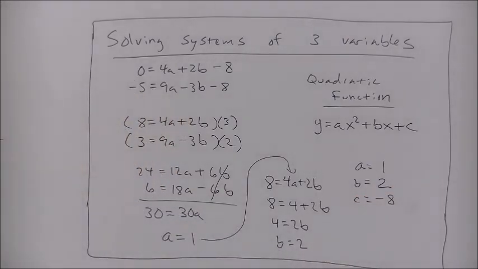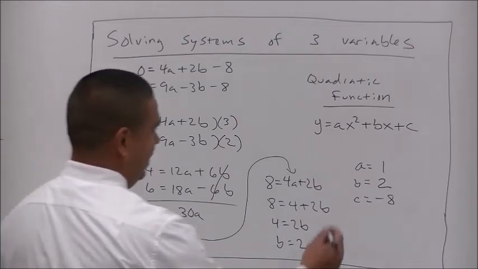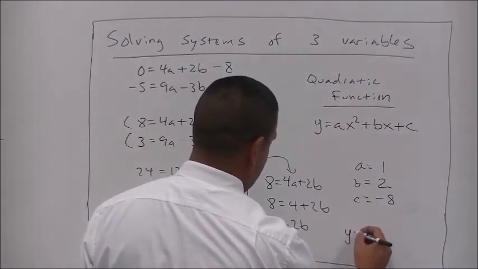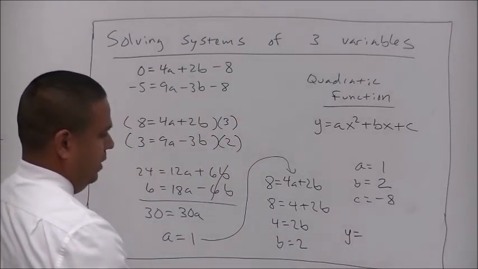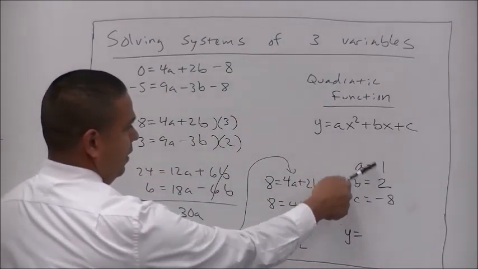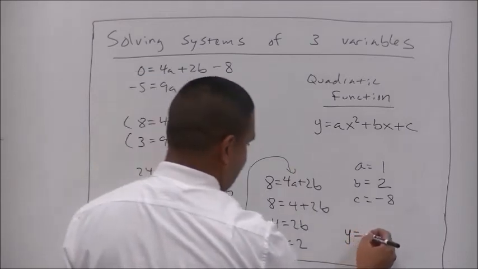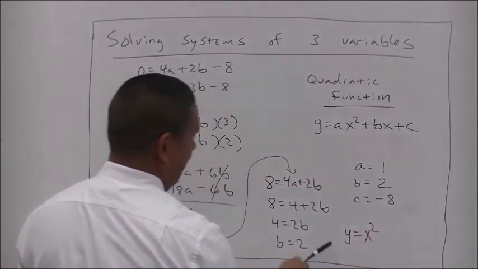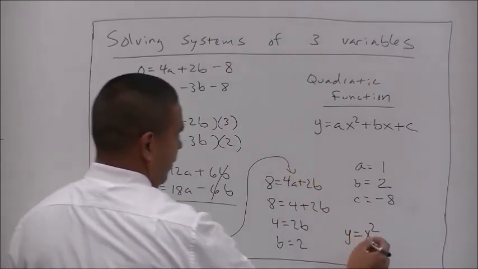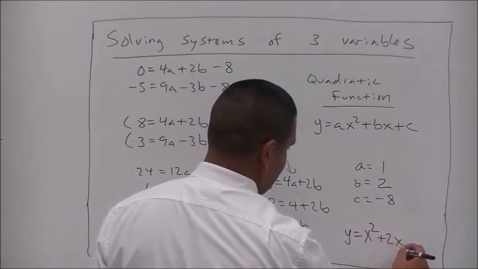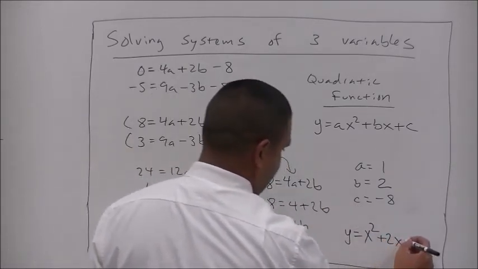There it is. So now we can write our quadratic equation, ready? Our function is y equals 1x squared, or just x squared, plus 2x minus 8.